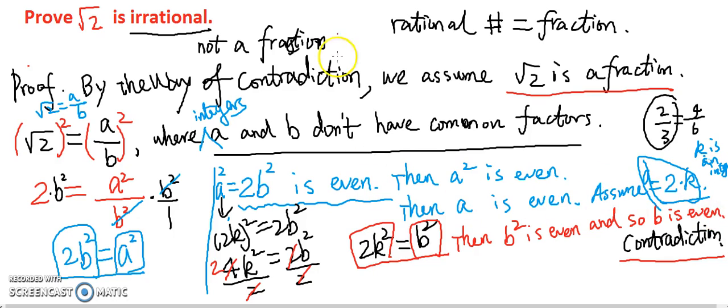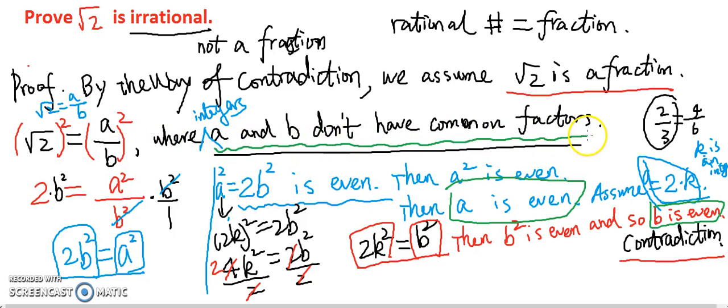Now what we're going to look at is these two conclusions we get. a is even, which means it's a multiple of 2. b is even, that's also a multiple of 2. And here's the contradiction. What is the contradiction? When we pick the fraction for square root of 2, we assume that a and b don't have any common factors.